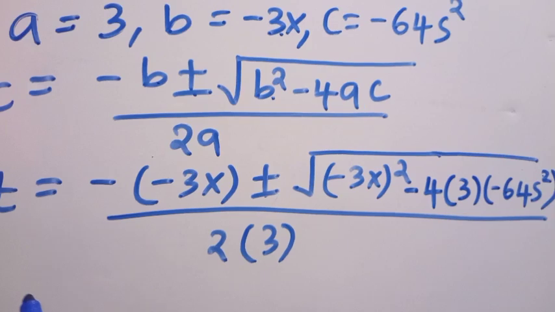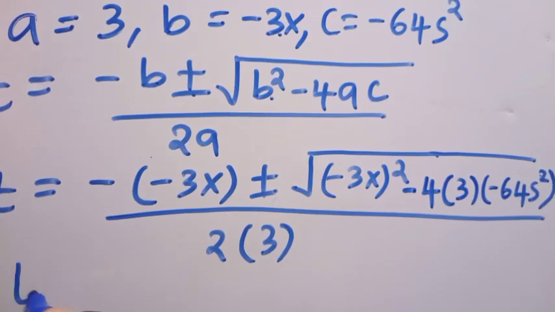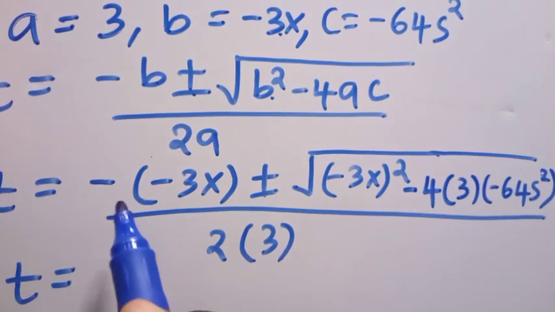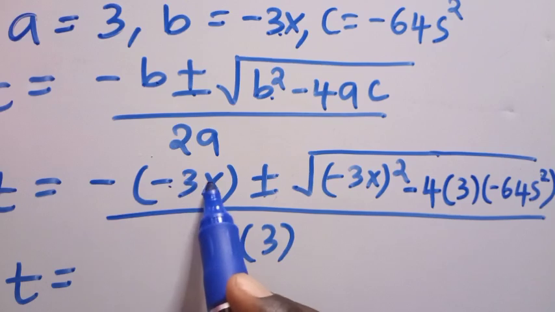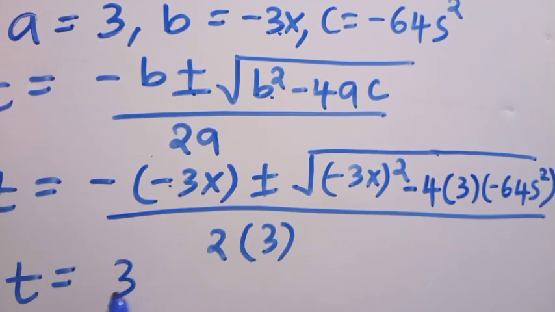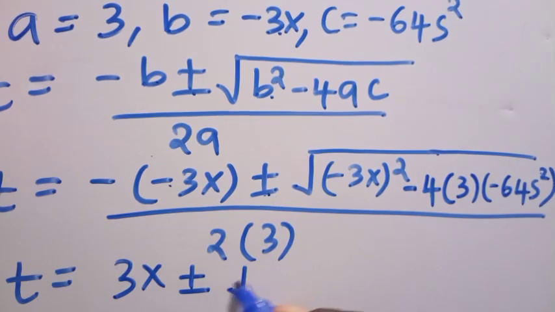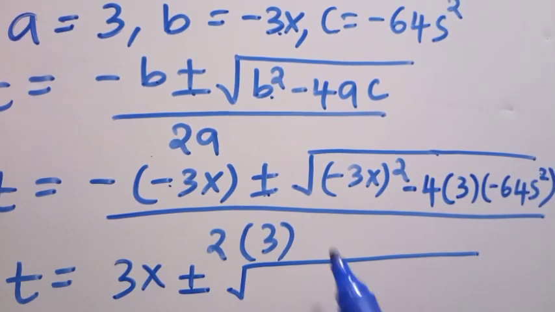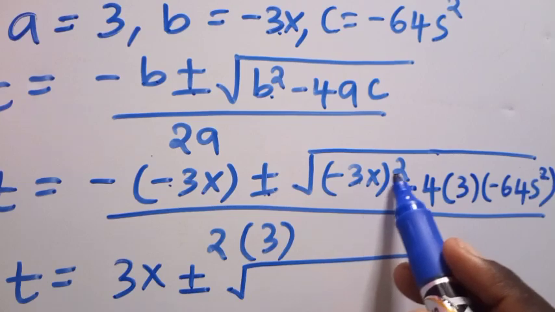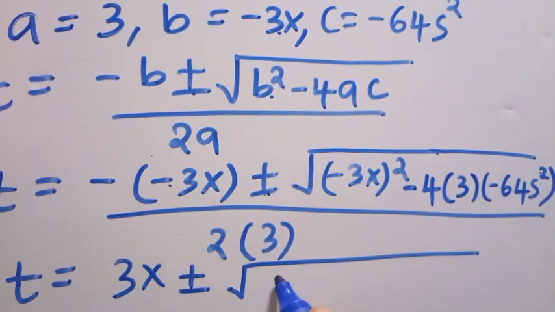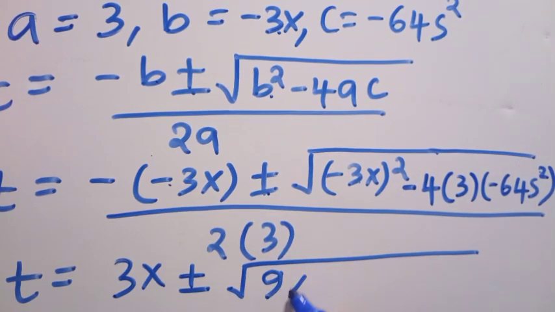Now at that point, we shall have our t as negative 3x, which is positive 3x. Then plus or minus the square root of negative 3x squared, which is positive 9x squared.